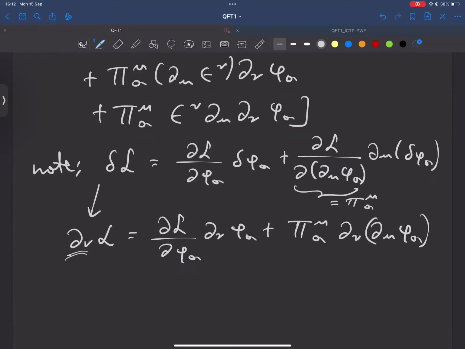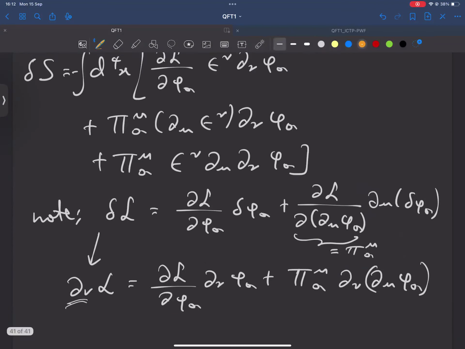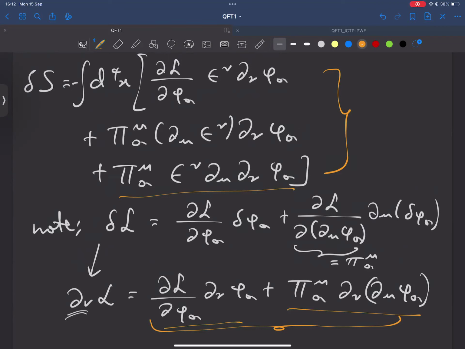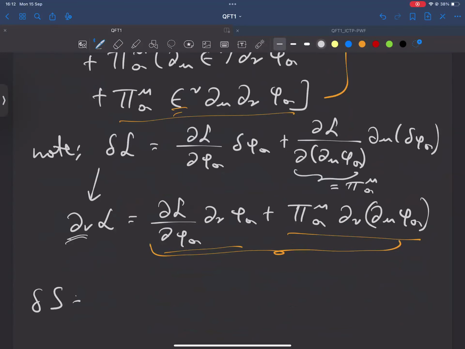Okay. Now one important thing we see by doing this is that there is this quantity already hidden here. You see that we have this piece as this piece and this piece as this piece times an epsilon. So you can club them together now in a nice way. So delta S. What I'm trying to do is express the variation of the action as the variation of the Lagrangian density plus some terms.